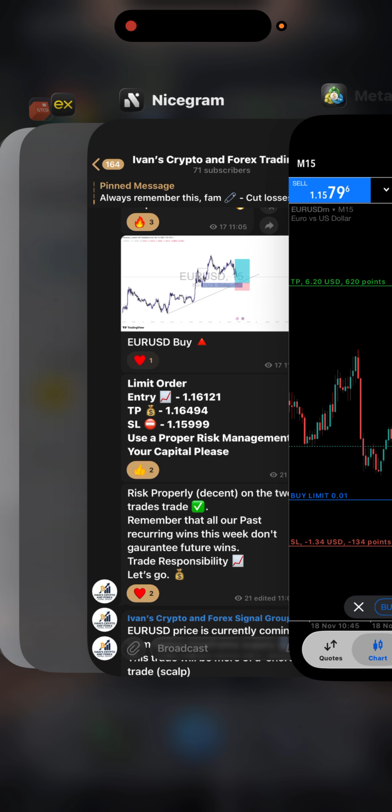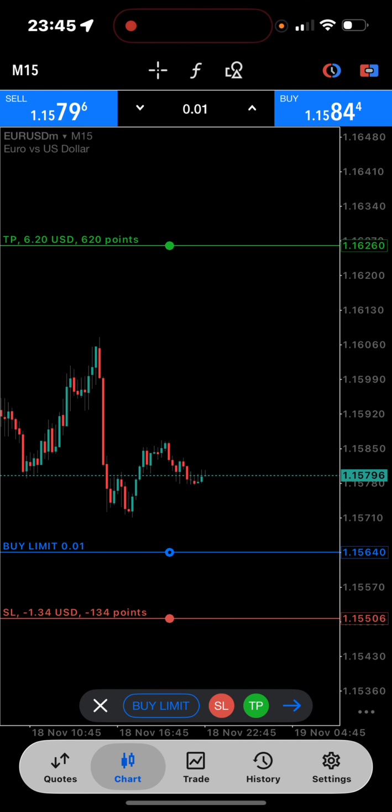So you place it. If price has already come to that zone and started moving, you don't enter that trade again unless you want to execute at market price, and that's at a higher risk because price is already moving.